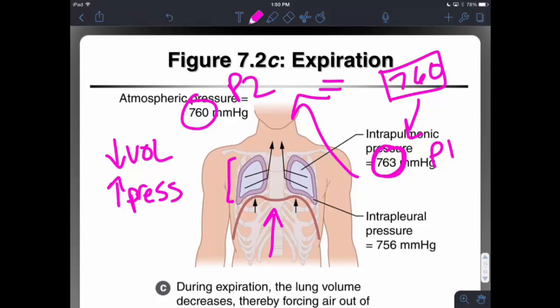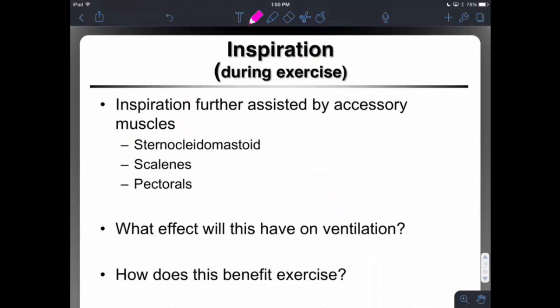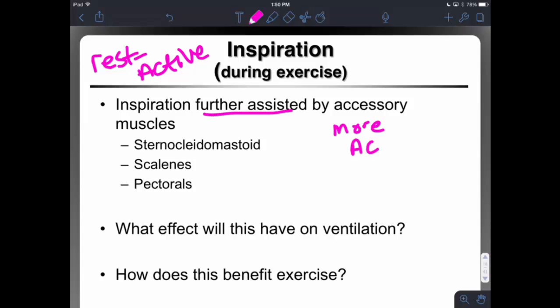All right, let me talk briefly about what happens during exercise. Remember that inspiration is active at rest. We have to contract our inspiratory muscles in order to inspire. During exercise, inspiration is even more active, and this is because some additional muscles become involved.